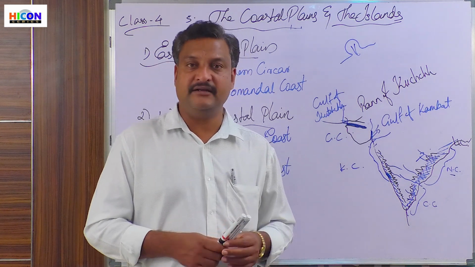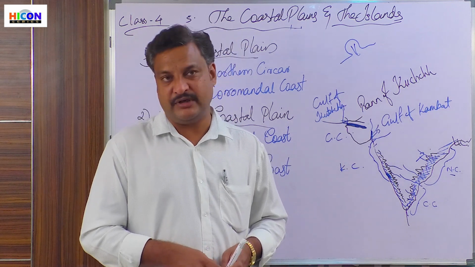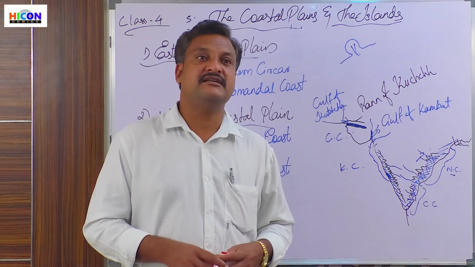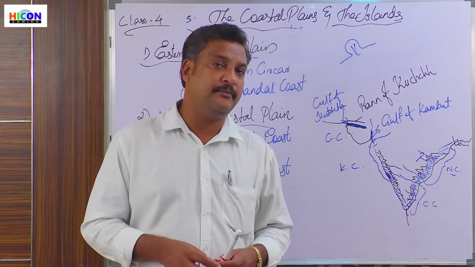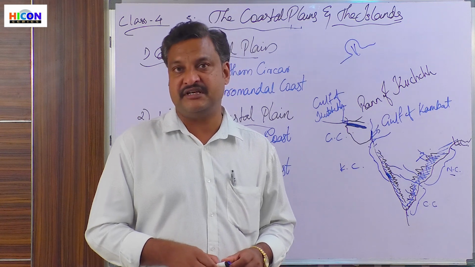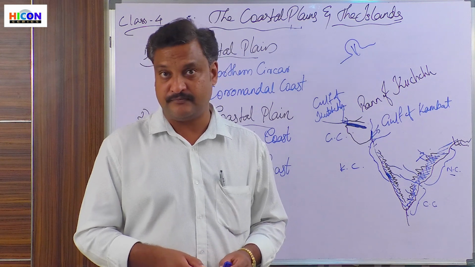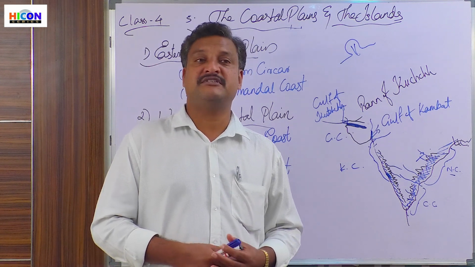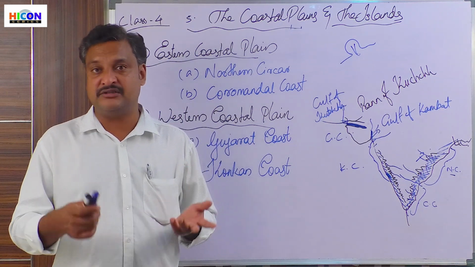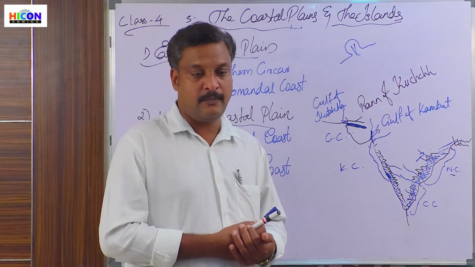Just because of that reason, these lighthouses were established. The ships that come into the region will understand, okay, there are huge rocks over there, we need to be careful. Because of the presence of huge rocks on the coastal region, they used to erect huge towers which are known as lighthouses.